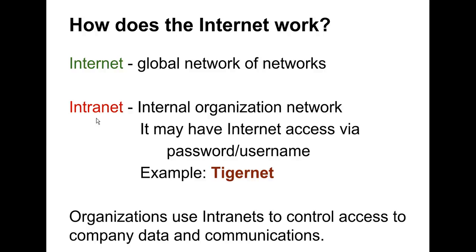But when TigerNet was first developed, you had to be on campus and go to specific machines because it did not have internet access. Organizations use intranets to control access to sensitive information, company data, communications, maybe information about employees. So we have all these intranets and internets, and some intranets are connected to the internet.